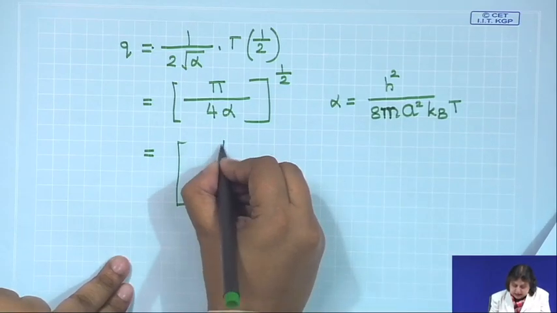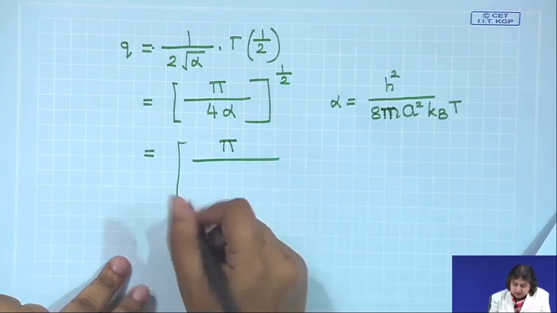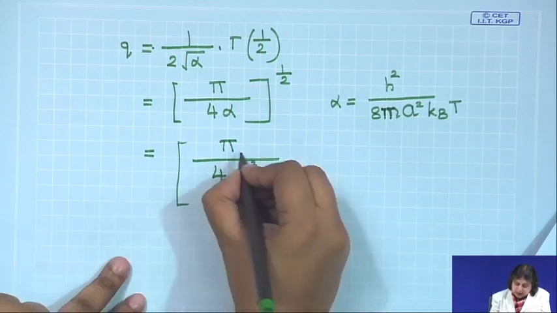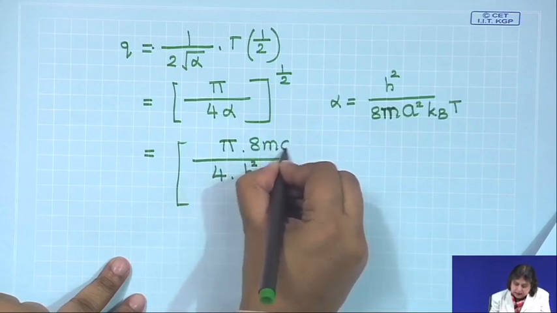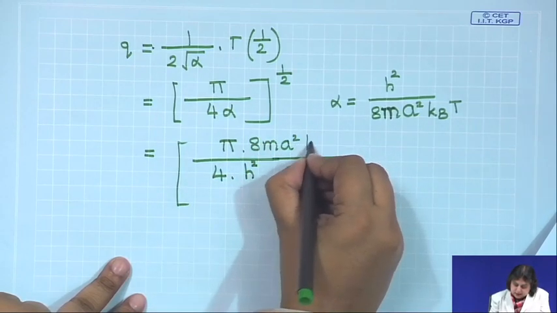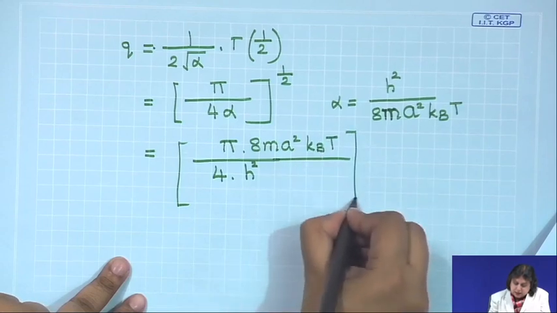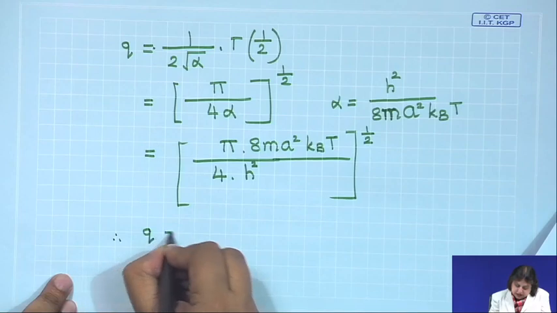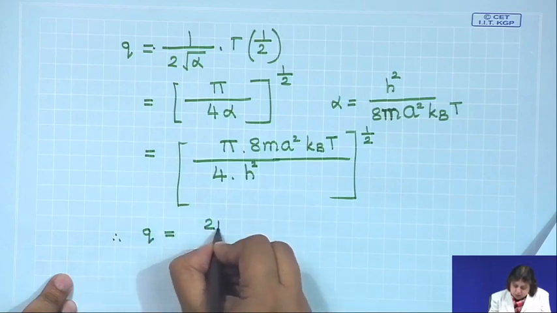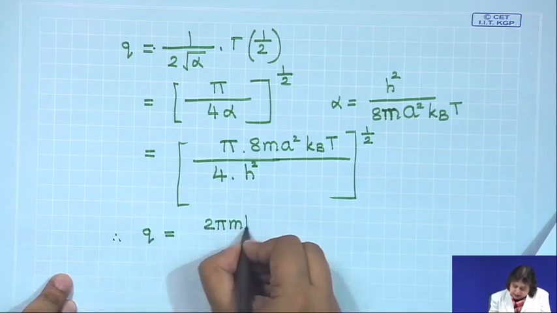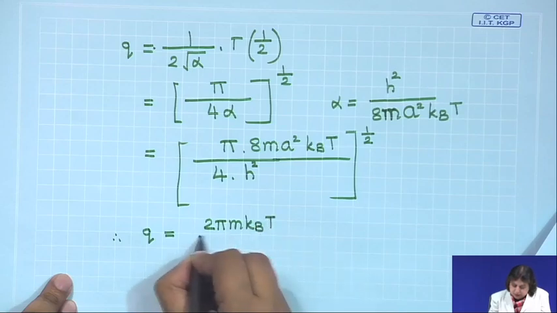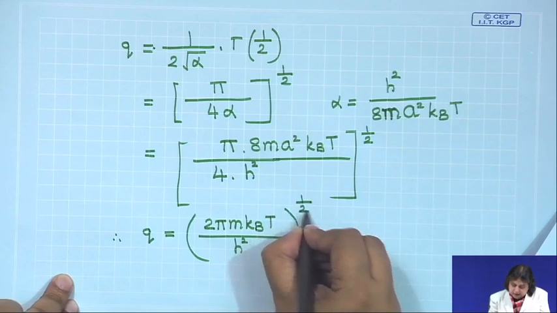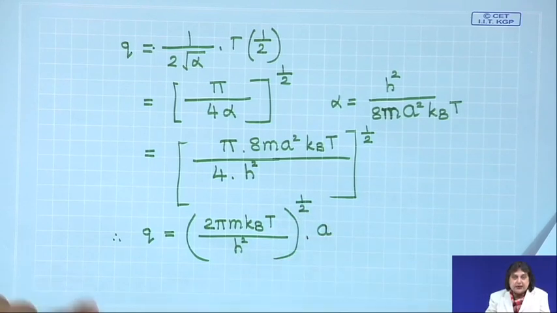I get this is pi divided by 4 into h square into 8m a square kBt to the power of half. Okay. So, the final expression that I get is 2 pi m kt by h square to the power of half, and I have taken the a outside.